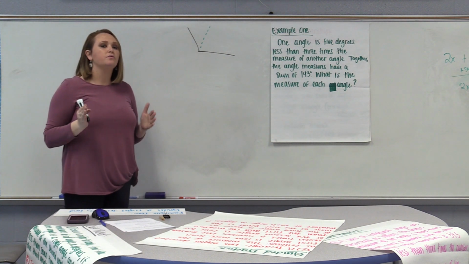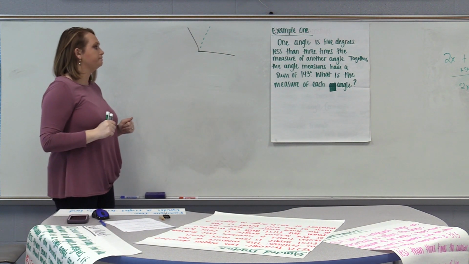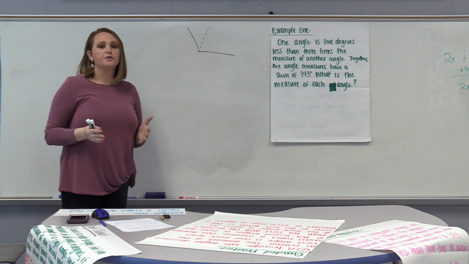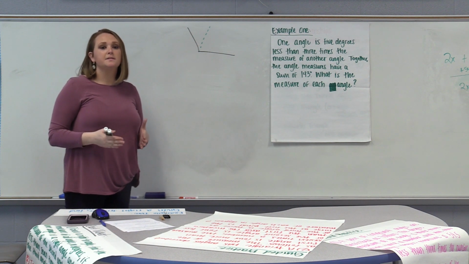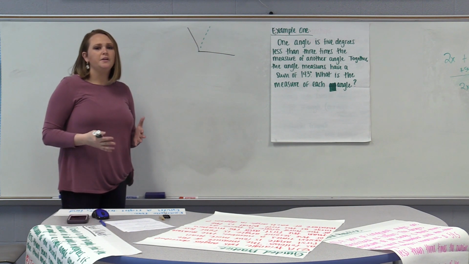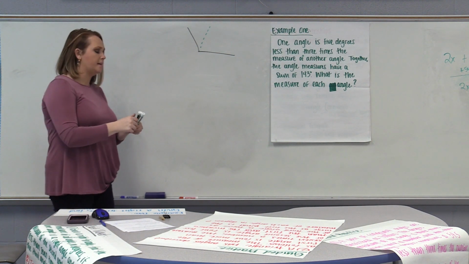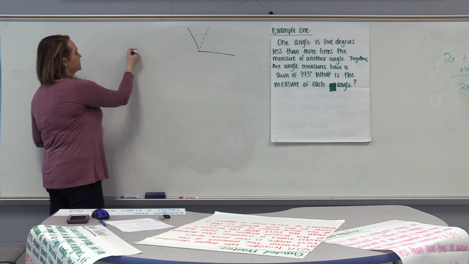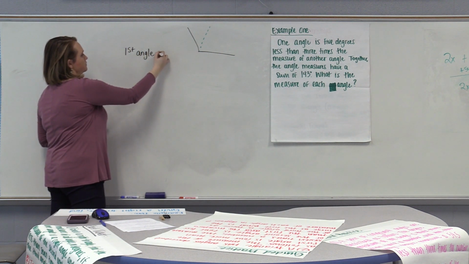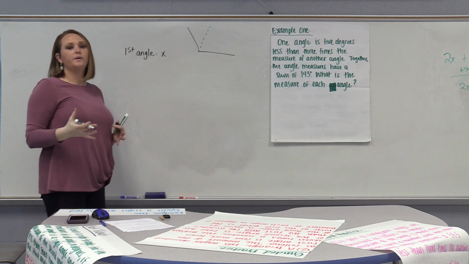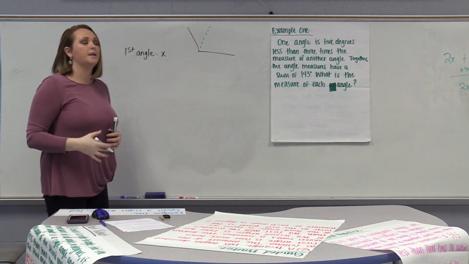What do we need to do first to solve this problem? First, we need to define our variable or our symbol. If x is the measure of the first angle, how do you represent the measure of the second angle?